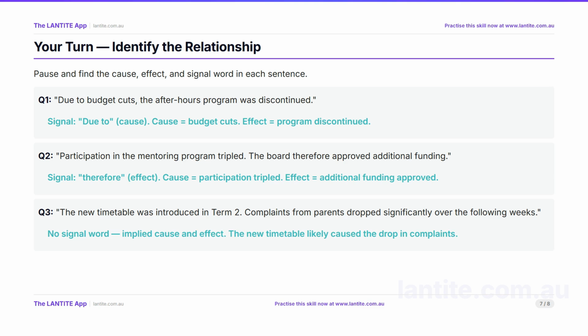The signal word is therefore, an effect signal. The cause is the tripling of participation. The effect is the funding approval. Question 3. A new timetable was introduced, then complaints dropped. No signal word here. This is implied cause and effect. The structure suggests the new timetable caused the drop in complaints, but it is not explicitly stated.